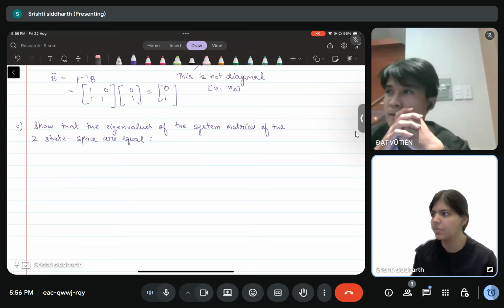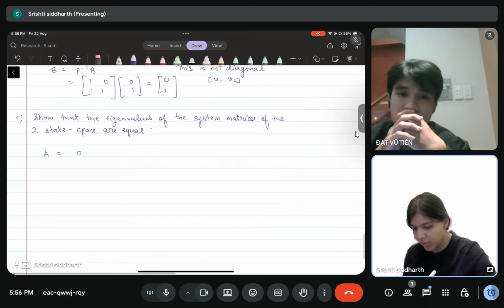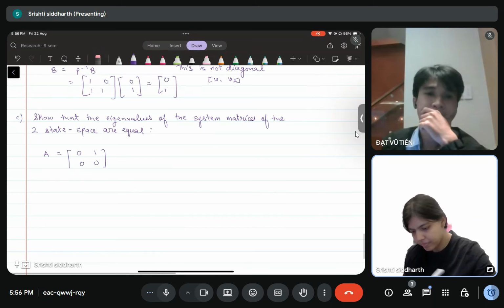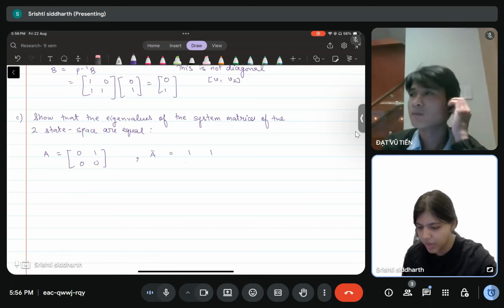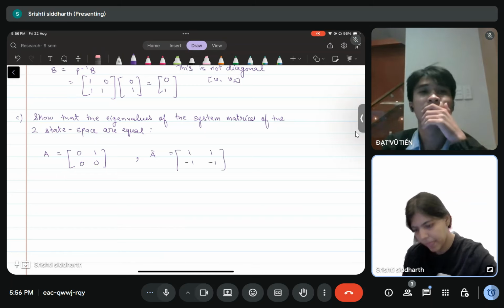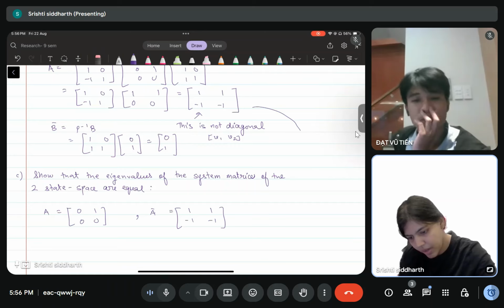So what are the state space matrices? A is 0, 1, 0, 0. And let's say another one, A bar is 1, 1, minus 1, minus 1. Okay, so this was the original A matrix.